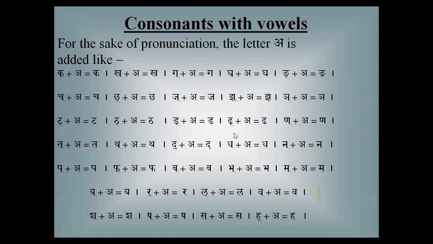So how many vowels are there? 13 plus 2, it means 15 vowels can be added to each consonant. How many consonants are there? 33. And how many vowels? 13 plus 2. So how many combinations will we get then? 33 multiplied by 15. So many combinations are possible. And that is what we are going to study today.